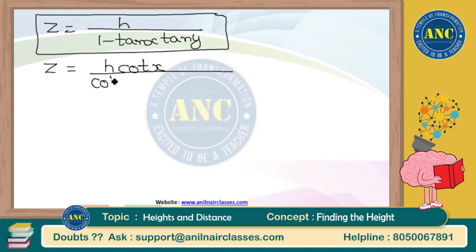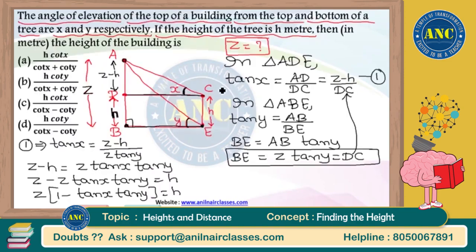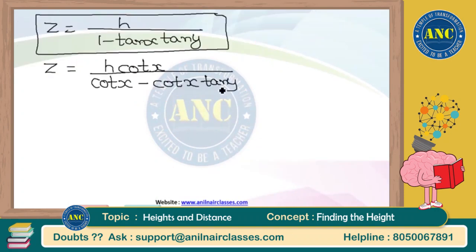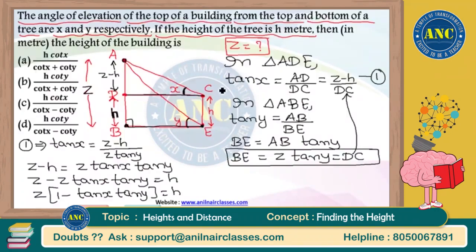So 1 into cot x is cot x, minus tan x into cot x is 1, tan y into cot x I cannot do anything, so it is tan y into cot x only, right? So it is cot x and tan y. Finally this should be your answer. But is there any answer option of that sort? No, there is no answer option of that. Somewhere we have made mistakes. Some simplification mistake I think we have done.